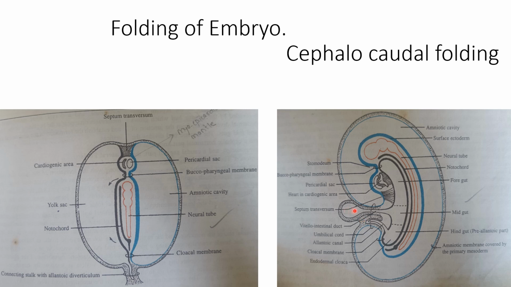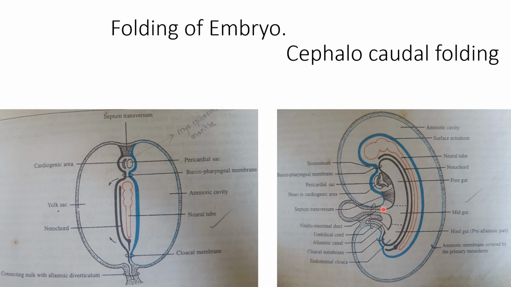And the yolk sac undergoes hourglass constriction. You can see the constriction here in the yolk sac. The part of the yolk sac which is incorporated within the embryonic fold, this intraembryonic part of the yolk sac, gives rise to the primitive gut, and the extraembryonic part of the yolk sac, its growth is retarded and it is known as the definitive yolk sac, or the umbilical vesicle.